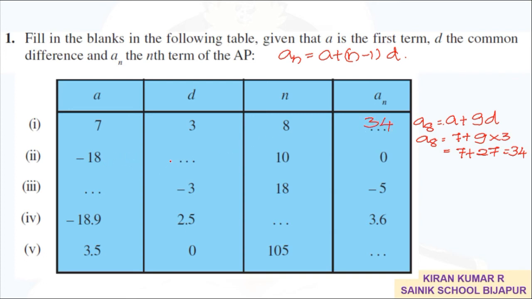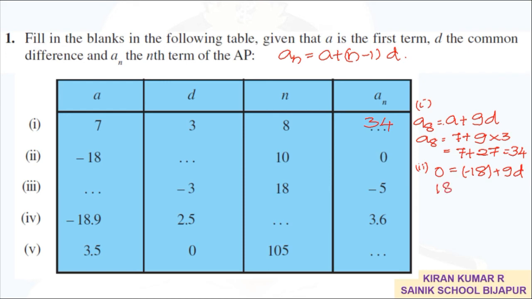In the next question, we need to find the common difference, and they have given the other three terms. So this is for the first one. For the second, it will be 0 equal to minus 18 plus n minus 1, which is 9, times d.